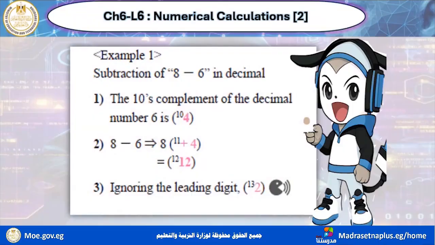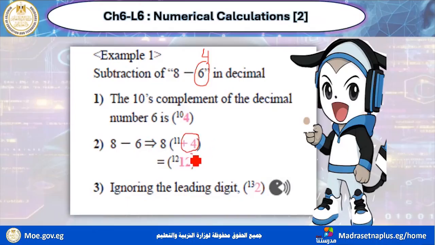In decimal, how to make it? The complement of the second number, not the first, the complement of the second number. We have discussed it before. The complement of 6 is 4. So 8 minus 6 equals 8 plus 4.